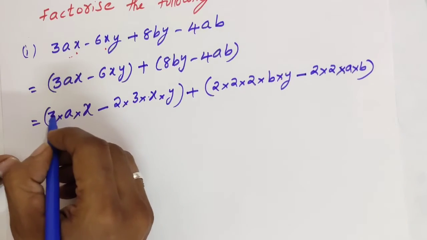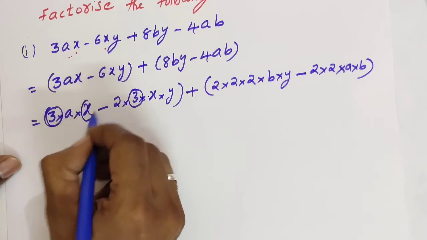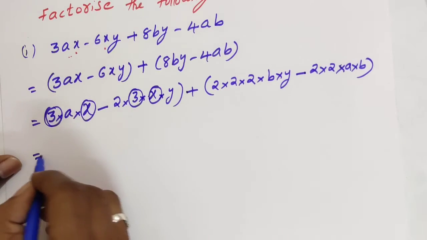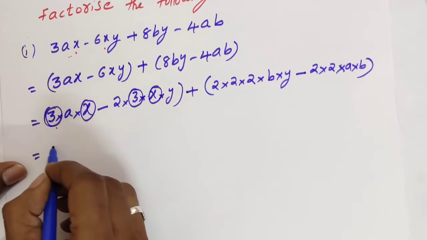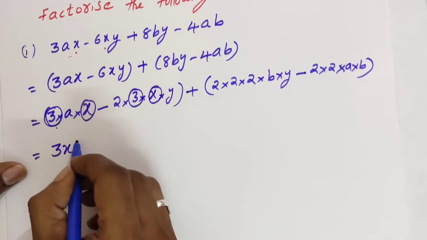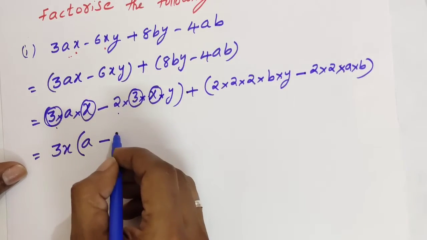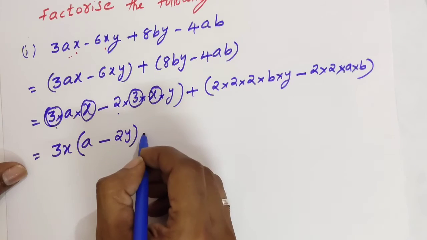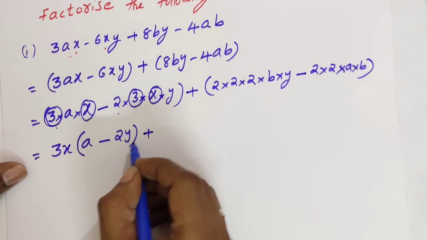Now from these first two groups here we can take the common 3 and x. Okay, observe the terms and find the common factors and take them out. So here 3x is the common, so 3x bracket begin here, a minus 2y is the remaining term.